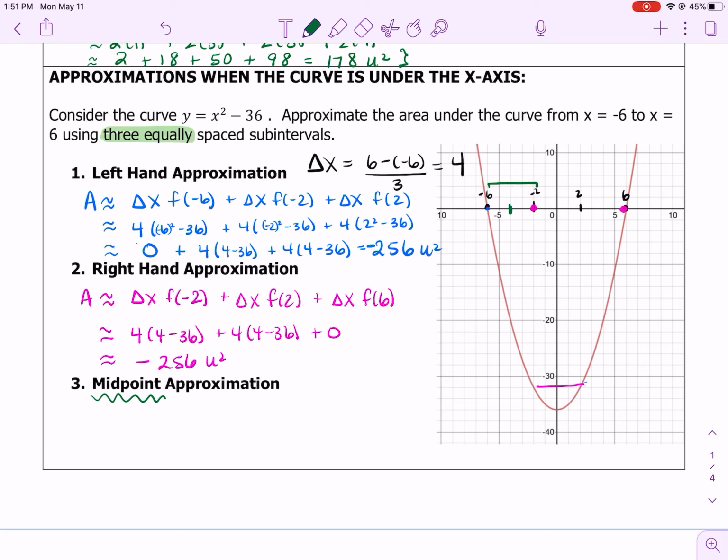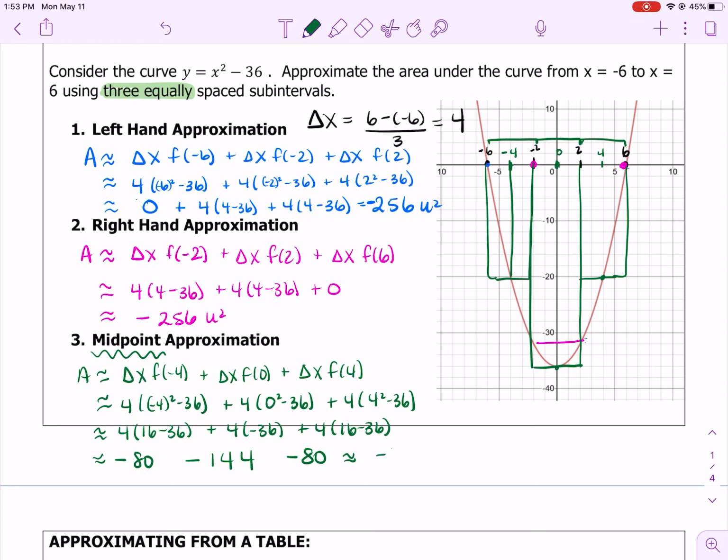And then we'll have a negative 144. So combining those values, okay, we have negative 160 and negative 144. That is going to be negative 304. That looks good, square units. Okay, so this is going to be a better approximation to our curve here in terms of looking at those values and the midpoint.